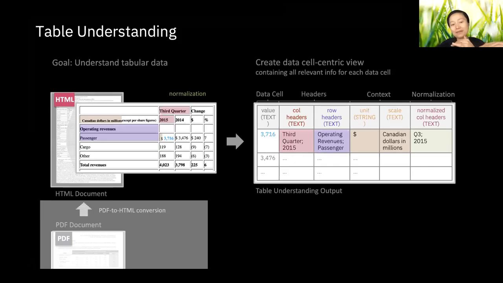So just identifying which is a data cell and which is a header cell can itself be a very hard task. And then identifying the hierarchical relationship in the row header and column header is another challenge. So I think we are exploring, in some cases, end-to-end approaches, where we go directly from PDF to table understanding.